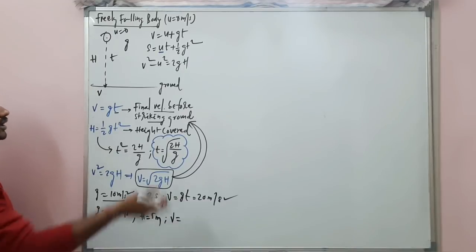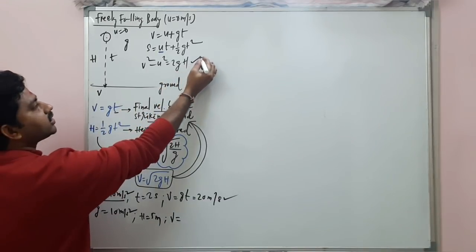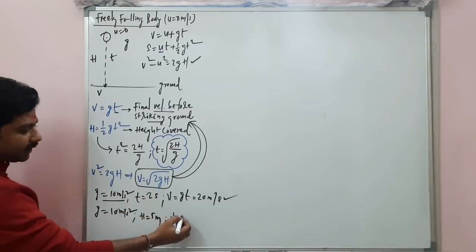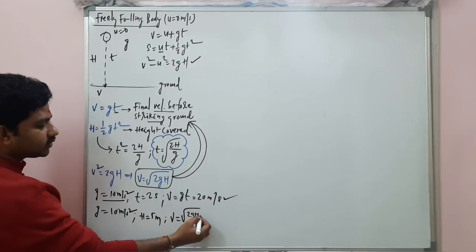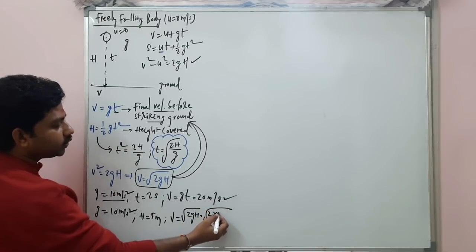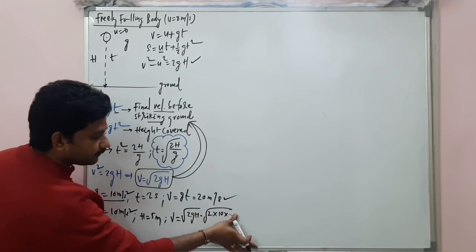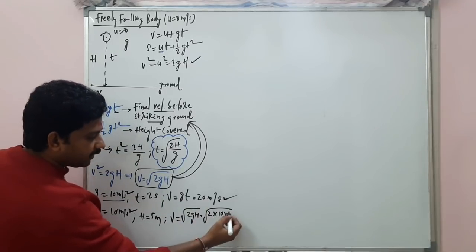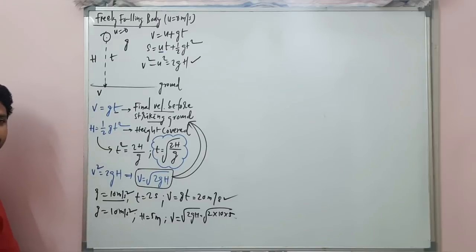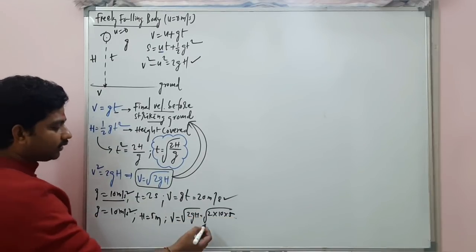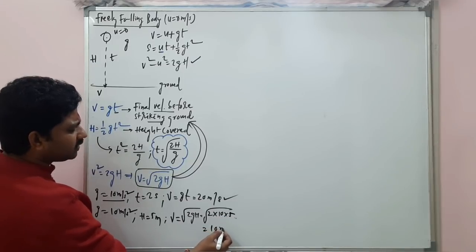By using the equation we have got, v is equal to square root 2gh. So let's apply root 2gh, which is square root 2 into g into h. h is 5. So 5 into 2, 10, 10 into 10, 100, root 100, which is 10 meters per second.